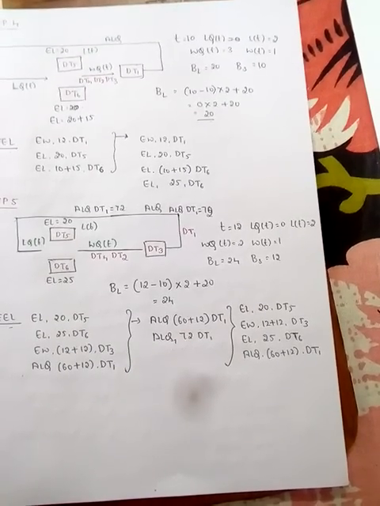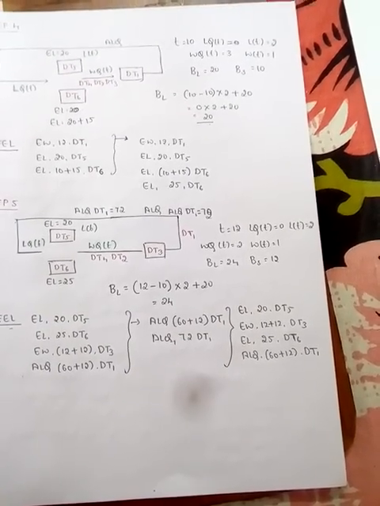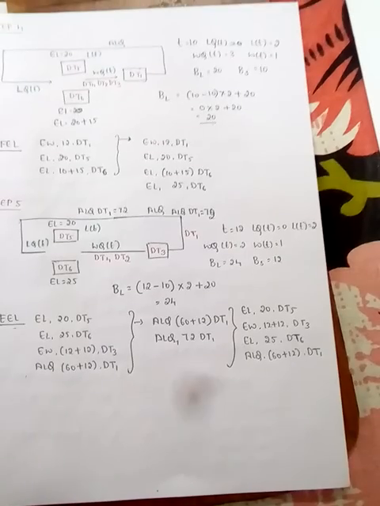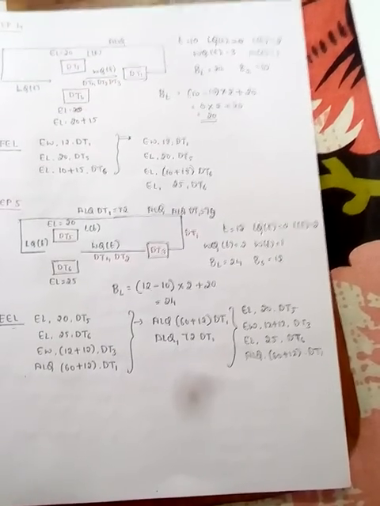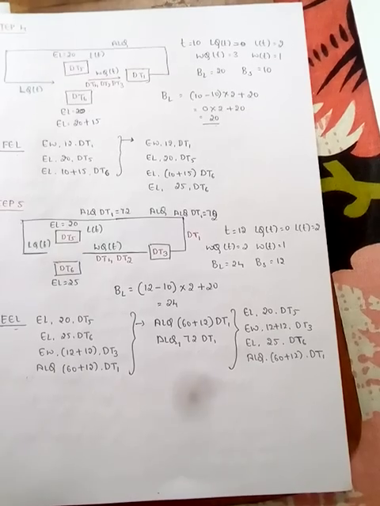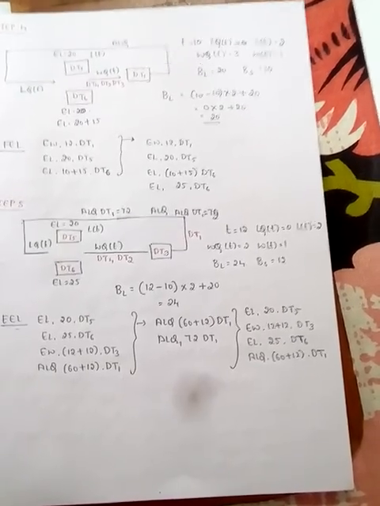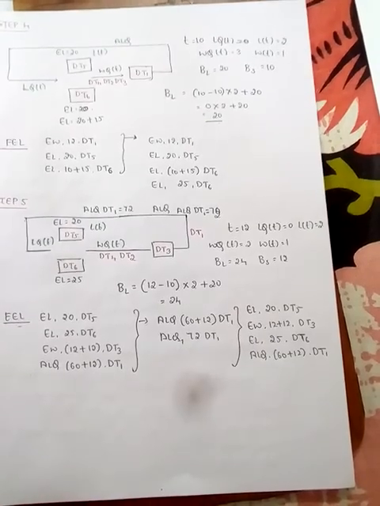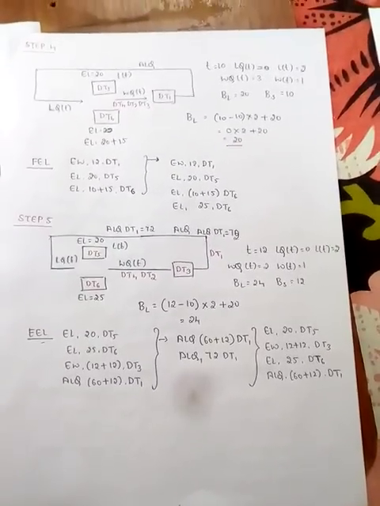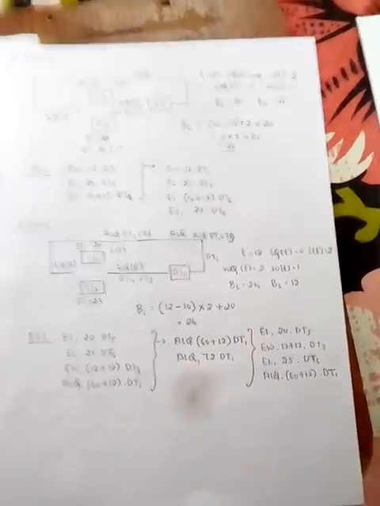Next I have to write my ALQ value of DT1: 60 plus 12, DT1, that is ALQ, 72, DT1. Now it is arranged from minimum to maximum value. Here the minimum value is 20, that is the value of DT5. As I told before, the minimum previous value is taken as the clock time for the next process. Now we will move to step 6.